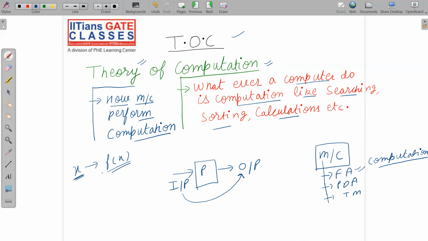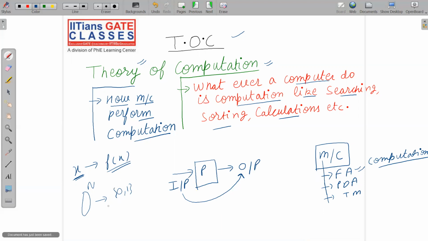Forget about every function in the universe, just concentrate on this: say we have a function from natural numbers to the set {0, 1}. Now I can say that there are lots and lots of functions from natural numbers to the set {0, 1} which are not computable. Don't worry if you are not getting all these things; we will study them in pretty much detail in this subject.